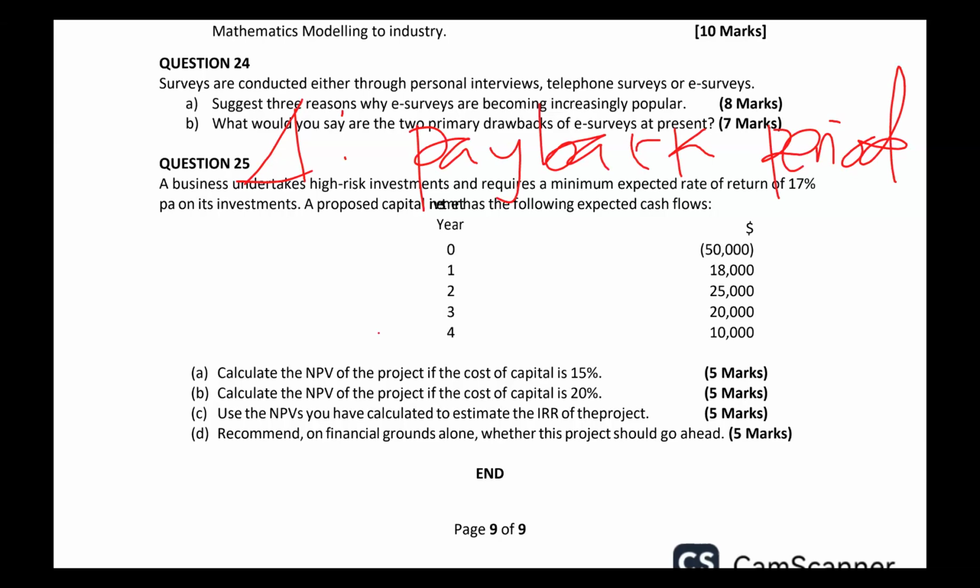between the time you invest the money and when you recover it. So how long does it take for you to get back the money that you invested in the project? That period is what you call the payback period.